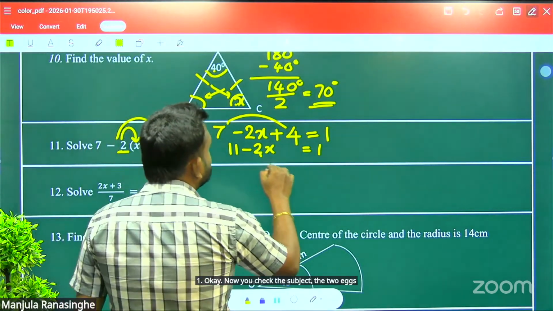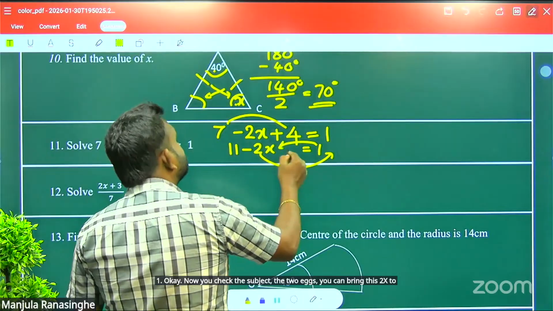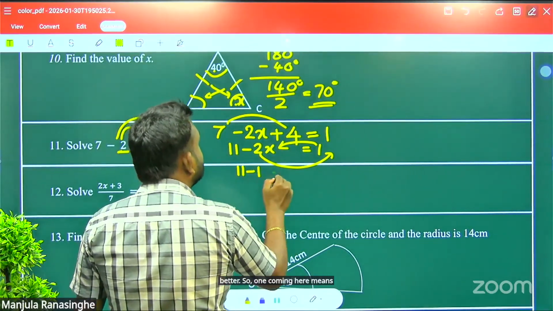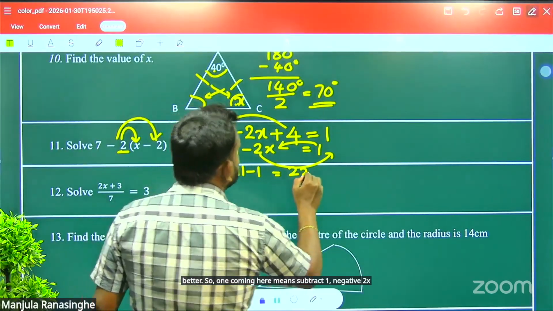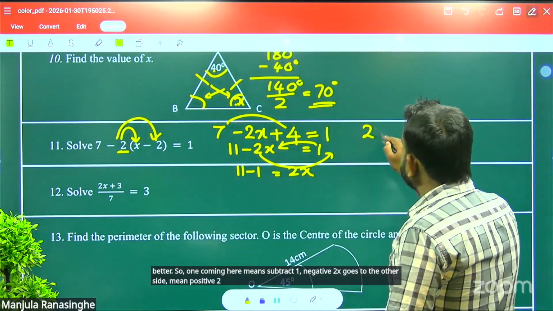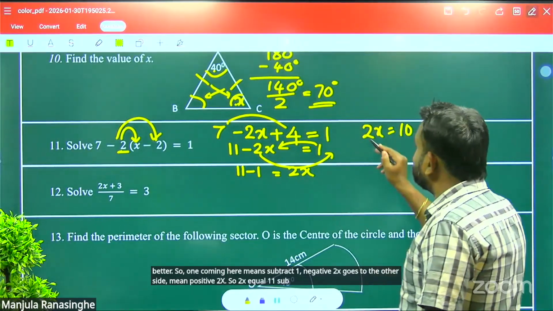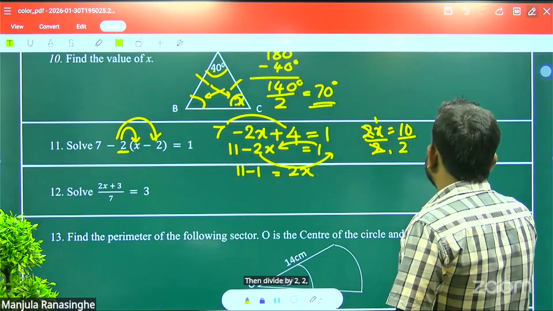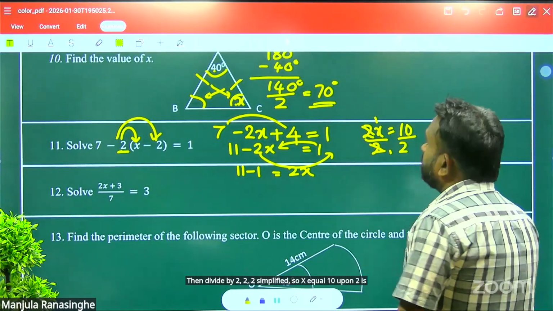You can bring this 2x to this side and 1 to this side. Better. So 1 coming here means subtract 1. Negative 2x goes to the other side, means positive 2x. So 2x equal 11 subtract 1 means 10. Then divide by 2, 2 simplified. So x equal 10 upon 2 is what? 5. X equal 5.